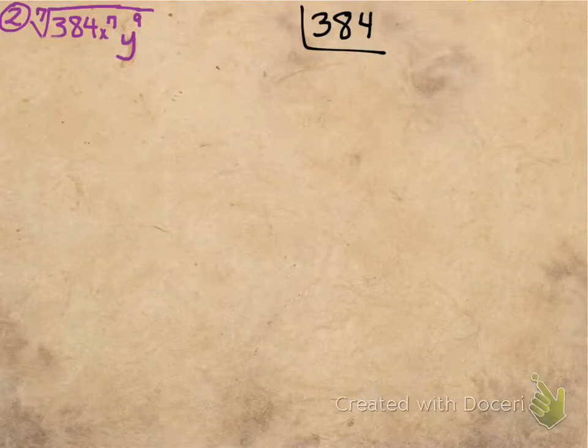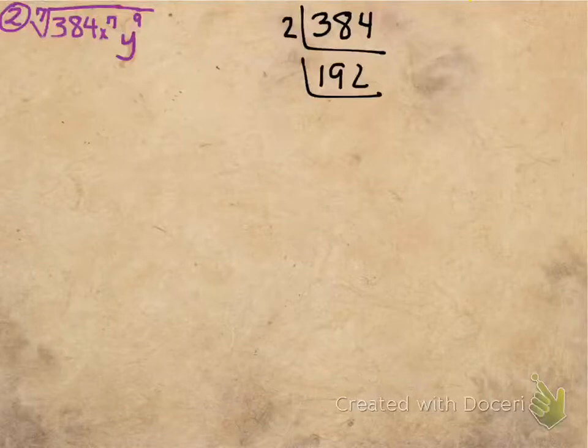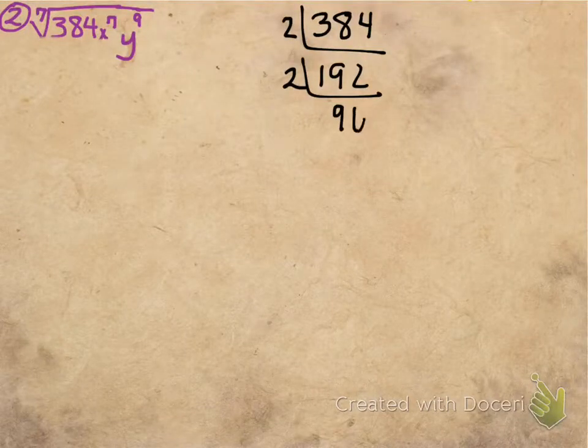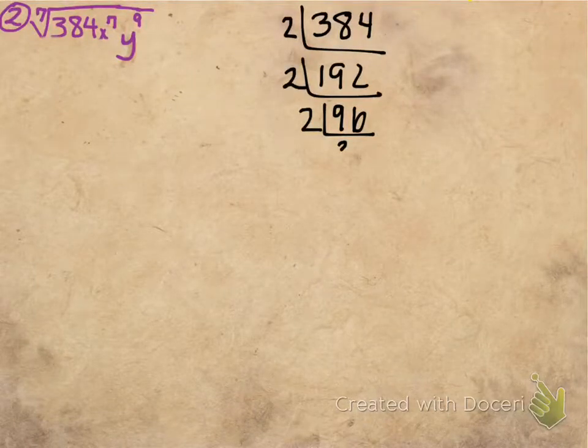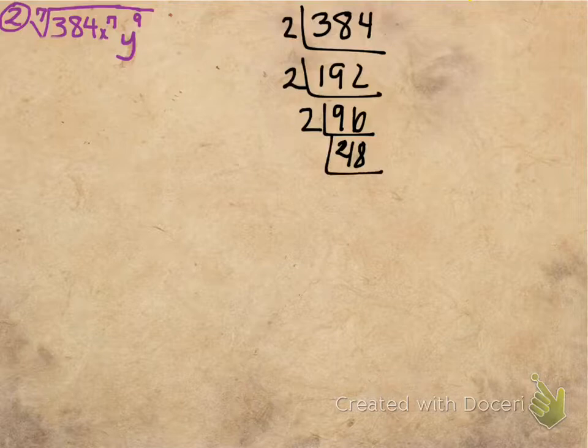So 384, divide by 2. What does that leave us? 192. And I can divide by 2, leaving us 96. And that can divide by 2, leaving us with 48. And that can divide by 2, and that leaves us with 24.